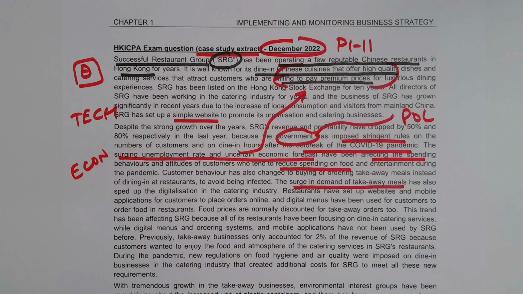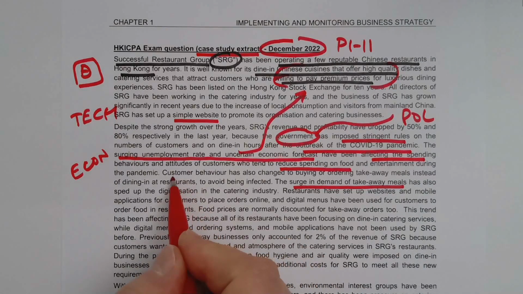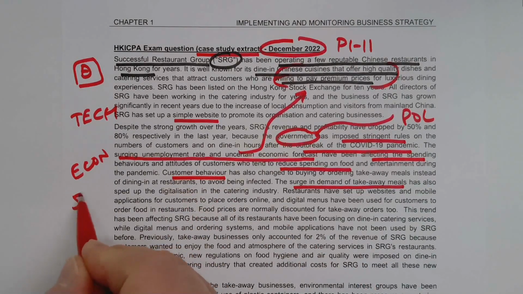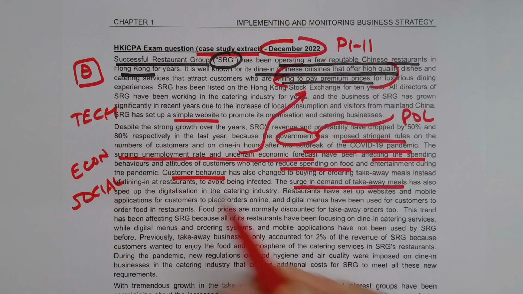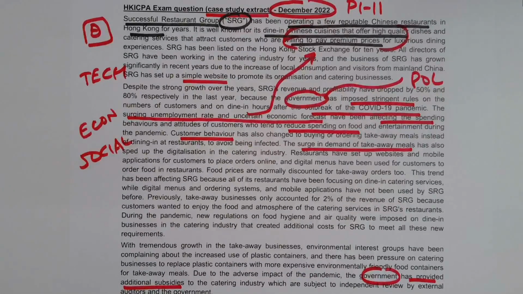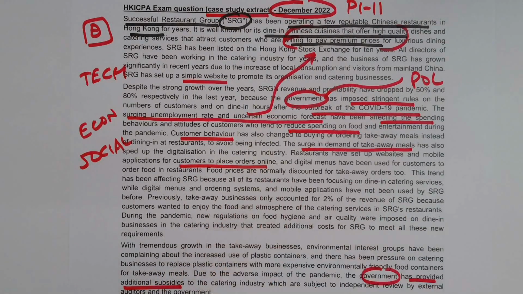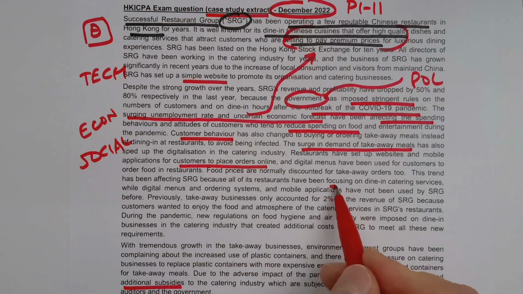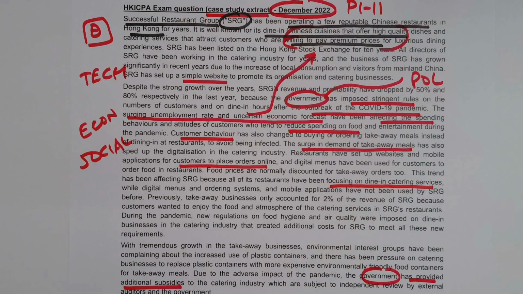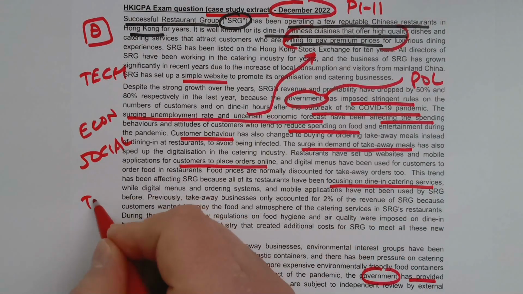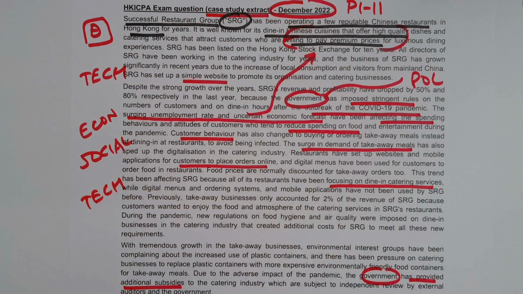Look, Pestel was all here. They talk about things like customer behaviors. So this would have been changes in social trends. They talk about restaurants have moved towards placing orders online. SRG restaurants, they've not done that. They focused on dine-in. So if they were to move to online, this is going to be involving technology.